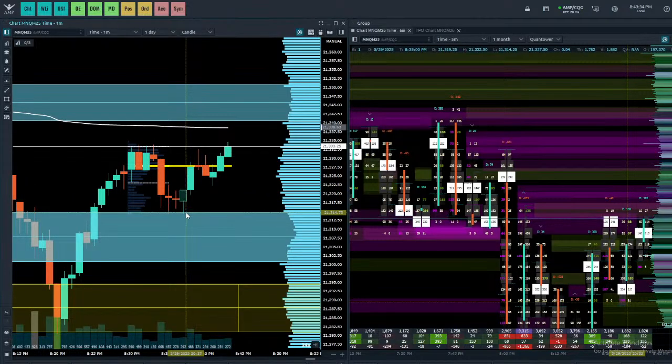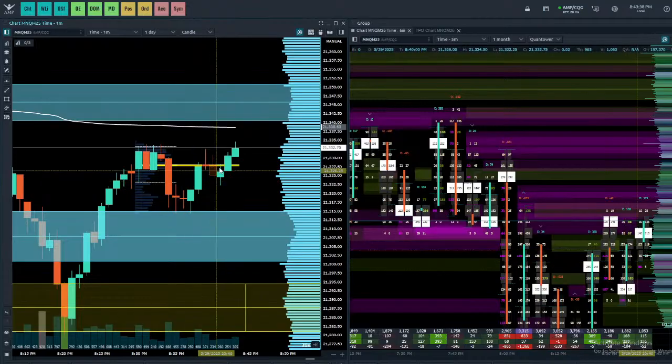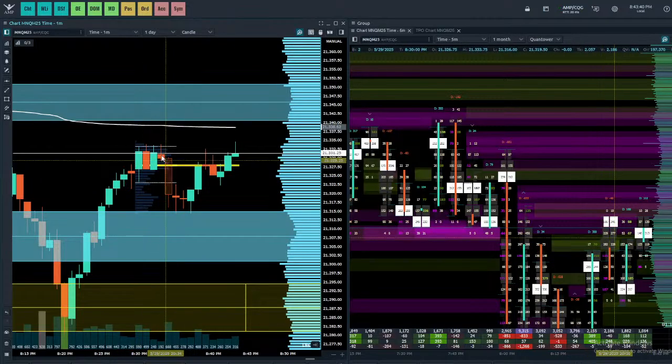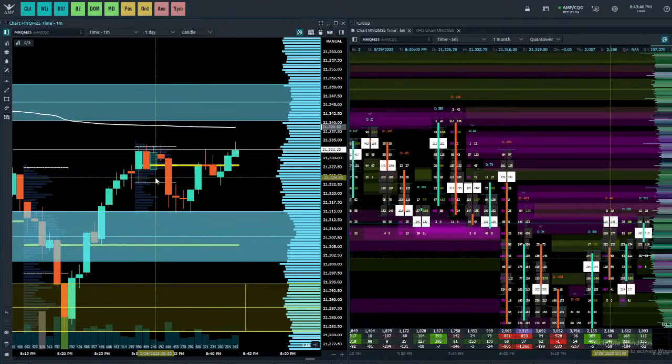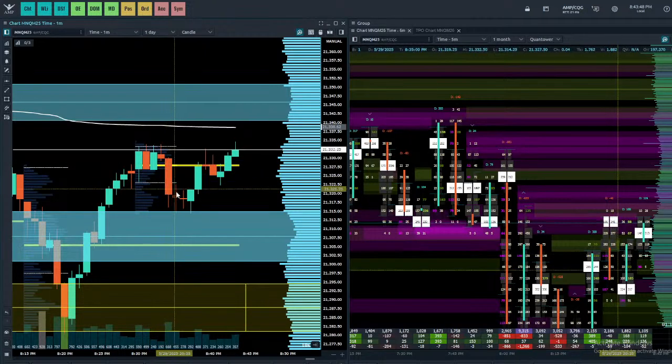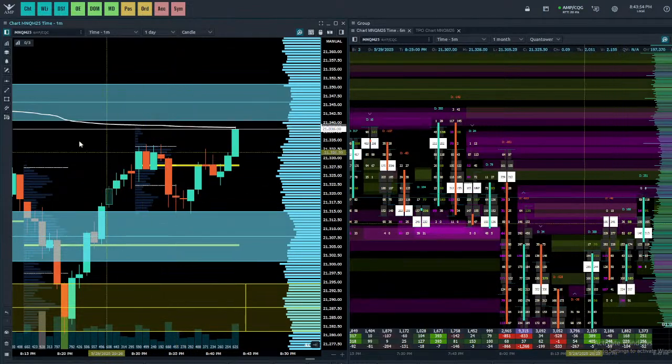Where I keep saying I would have went in long here. If I'm thinking AMD, my consolidation, equal highs, equal lows. Boom. We swipe down, knock out that sell side. Then we don't keep making lower lows here. So this isn't telling you that we're going lower.